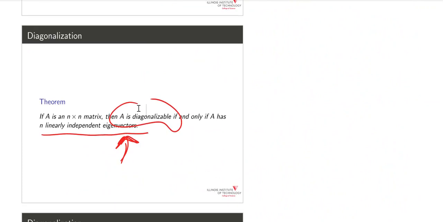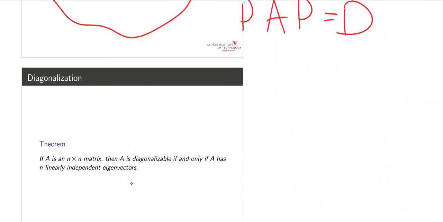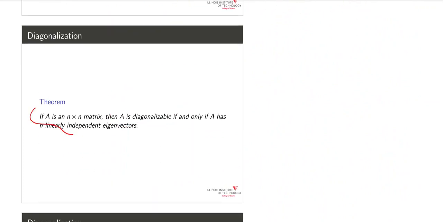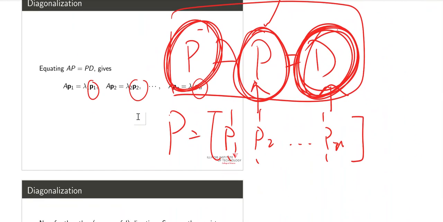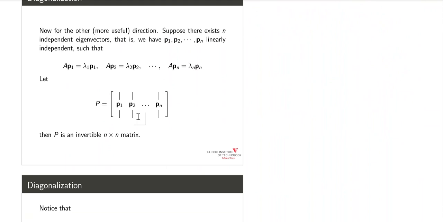So we actually have shown one part of the theorem: if your A is diagonalizable, then you will have n linearly independent eigenvectors. Now we want to do the opposite direction, which is actually more important: if you have n linearly independent eigenvectors, how do you show that A is diagonalizable? And for that, the trick is not very difficult either.